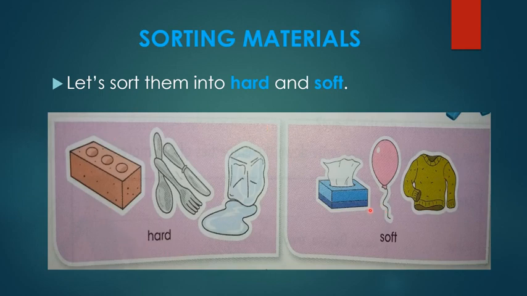And on the other side, we are going to have the tissue paper, the balloon, and the sweater, because all 3 of these objects are soft. So we've just sorted these 6 things into 2 different groups. On one side we have hard objects, and on the other side we have soft ones.